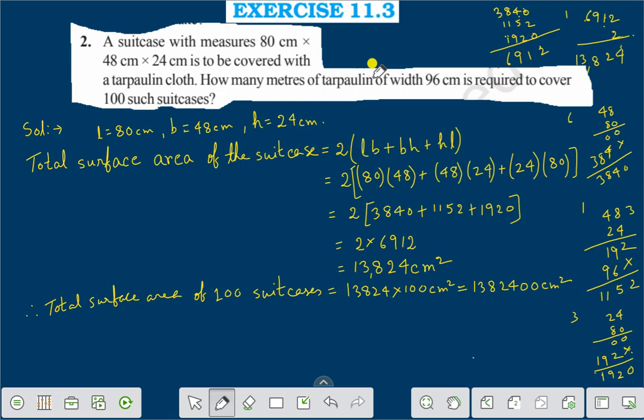Here the question is how many meters of tarpaulin of width 96 cm is required to cover 100 such suitcases.